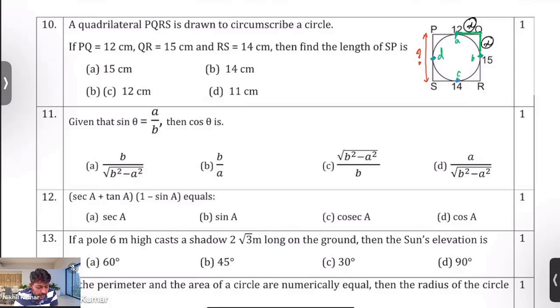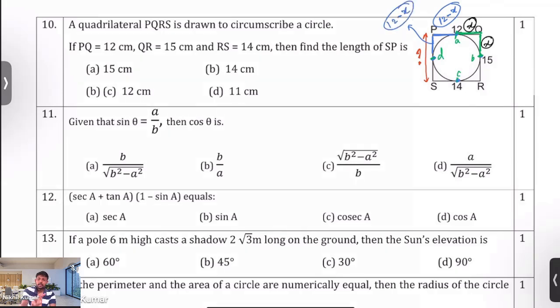If AQ is x, what would be AP? What would be the value of AP? That means this length. See, PQ is 12, so I can write it as 12 minus x. If this is 12 minus x, this would also be 12 minus x.